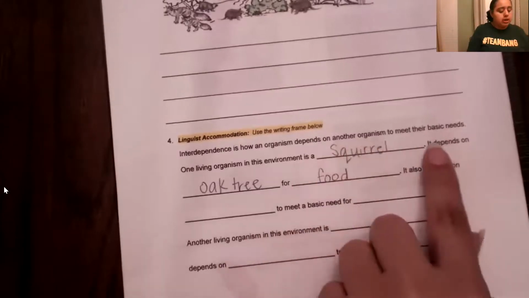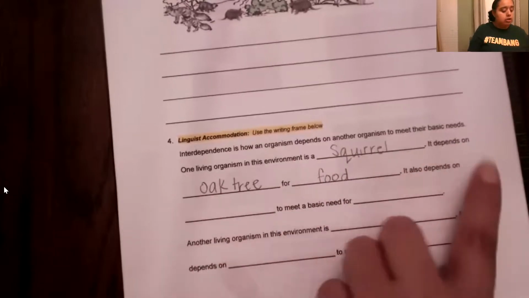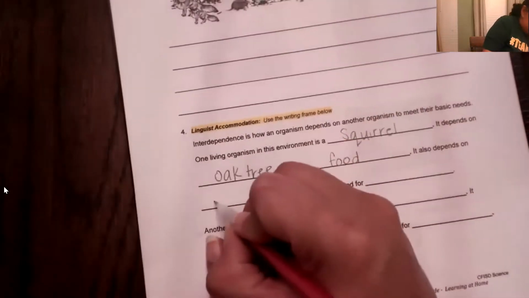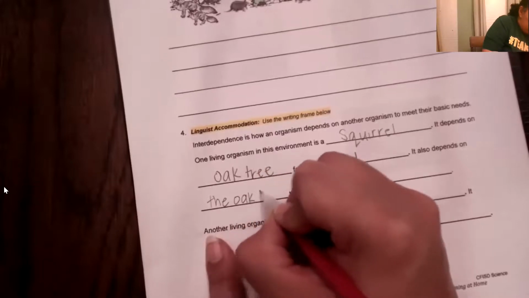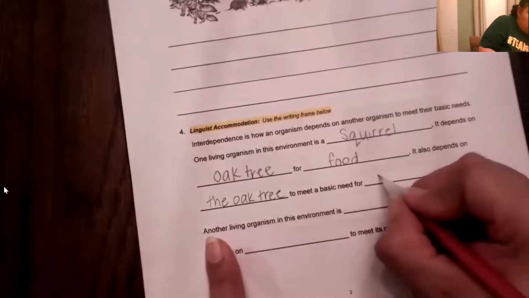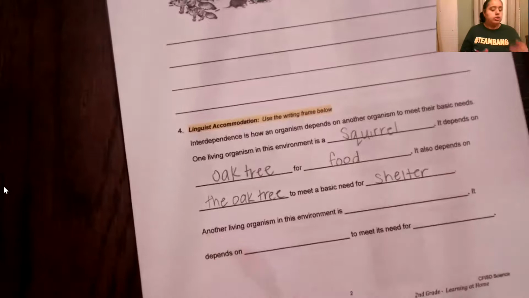So the squirrel depends on an oak tree for food. It also depends on the oak tree to meet a basic need for shelter. Okay, so the squirrel depends on the oak tree for food and for shelter.